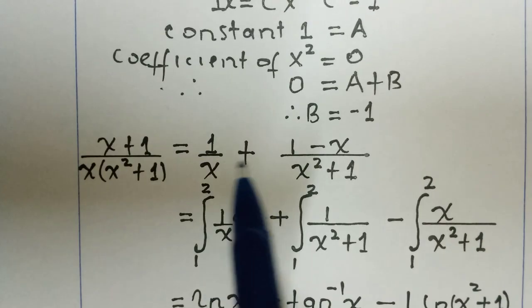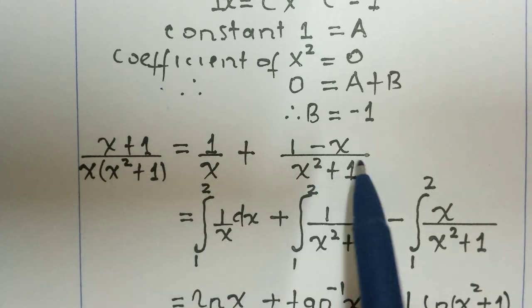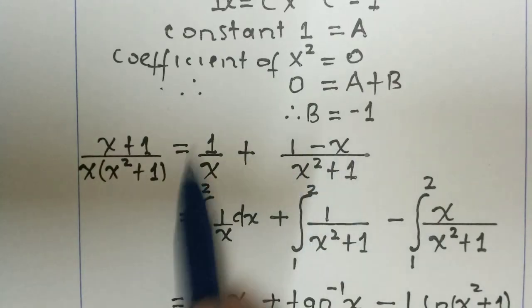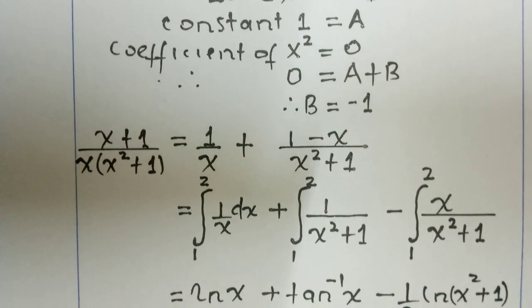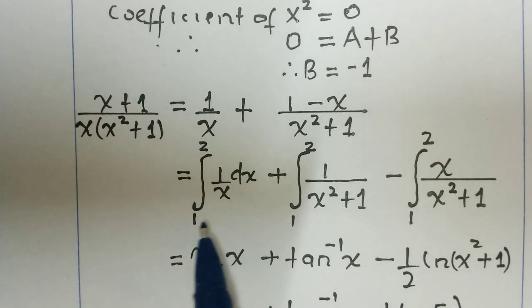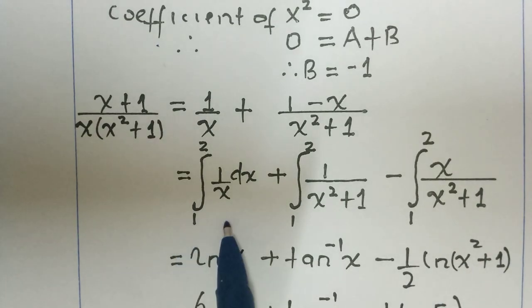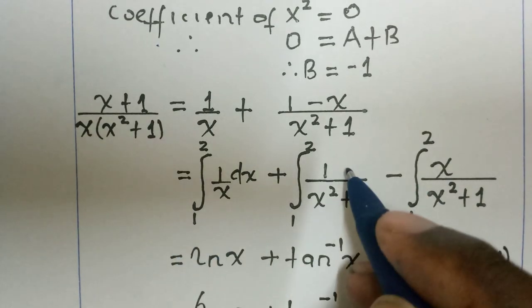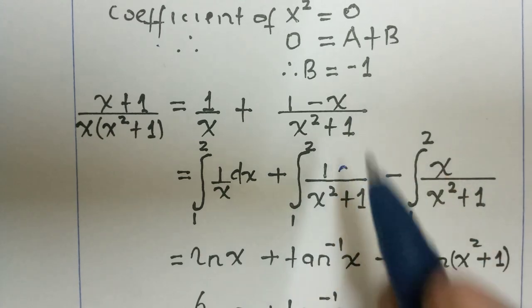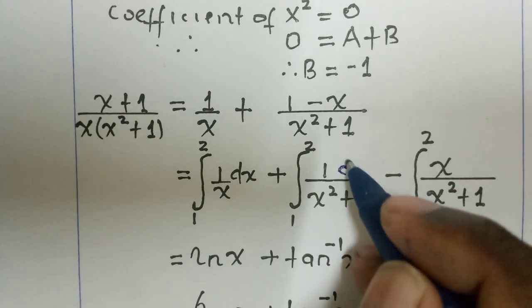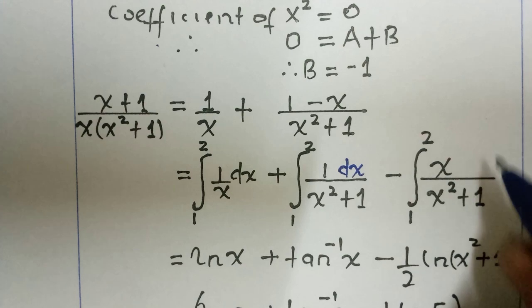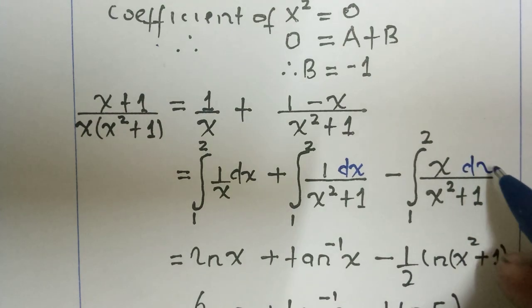Now we come with our equation here, that is the partial fractions for that. We now find the integral of each. Of course, we have to put the dx here, and here we have the dx too.